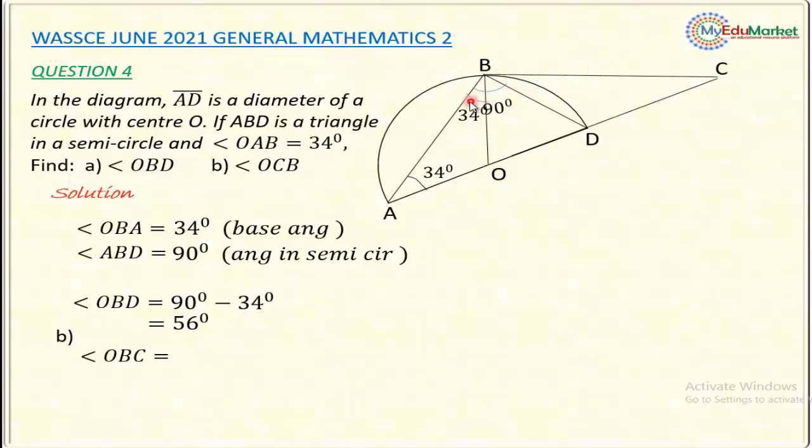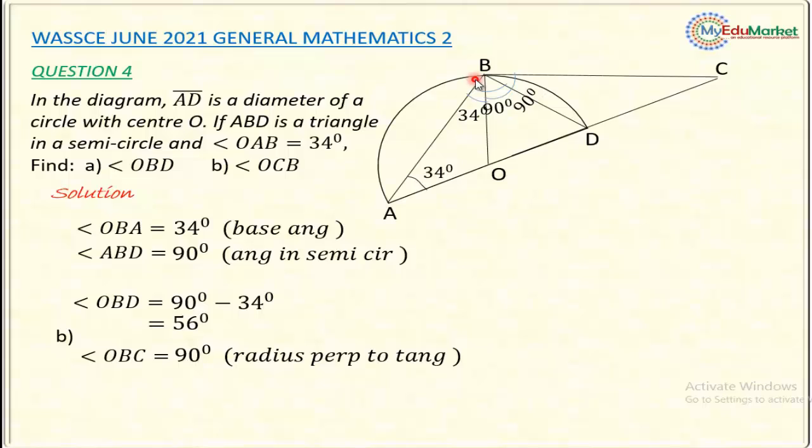Because this side BC is a tangent, you can see that it touches the circle at that point B, and OB is a radius. So that angle will be 90 degrees because a theorem says a radius is perpendicular to a tangent. So angle OBC is 90 degrees.